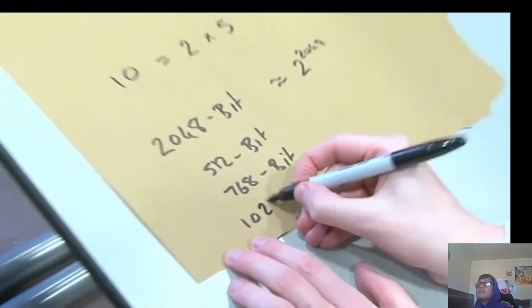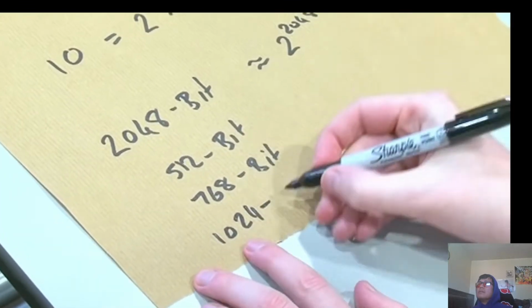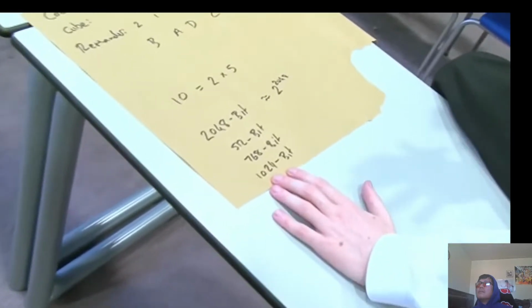And they said that to break what we use now, which is about 1024, would take thousands of times longer. But given the speed of technology, they reckon that this sort of code, 1024-bit, could be broken within a few years, they said. They said that a few years ago.